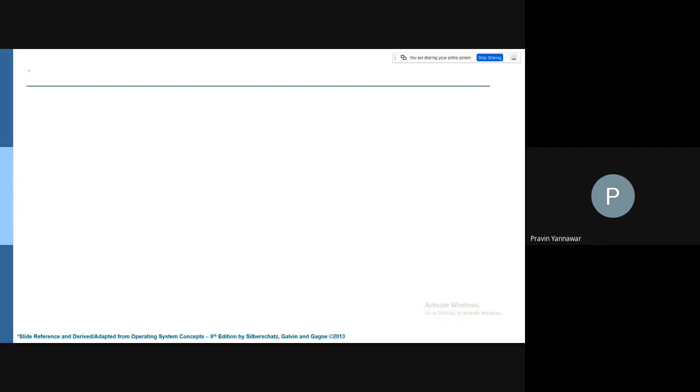Can we execute a task without loading its address space completely?